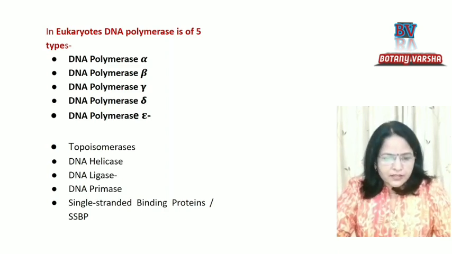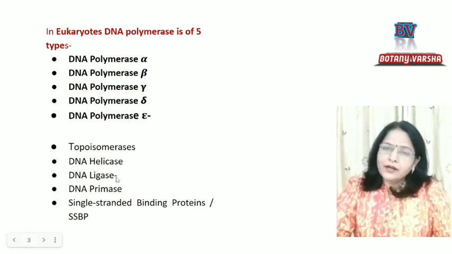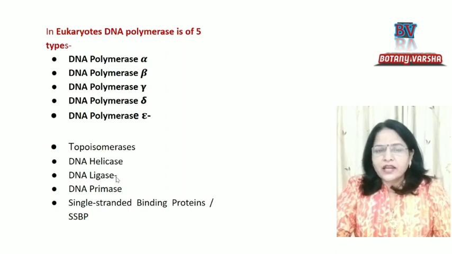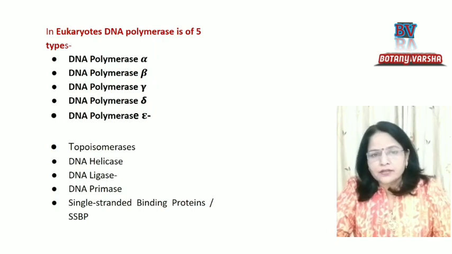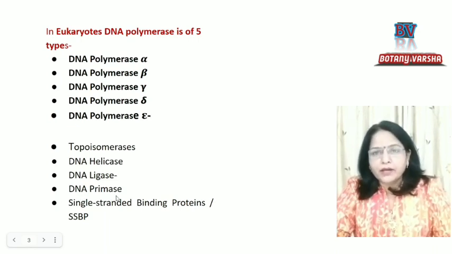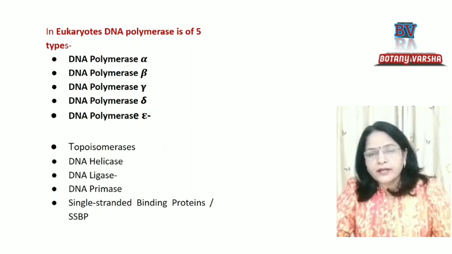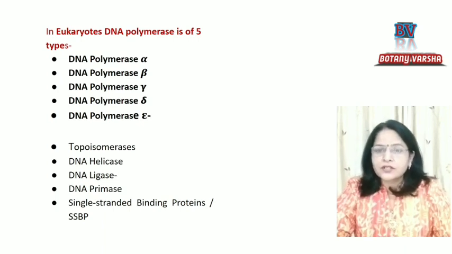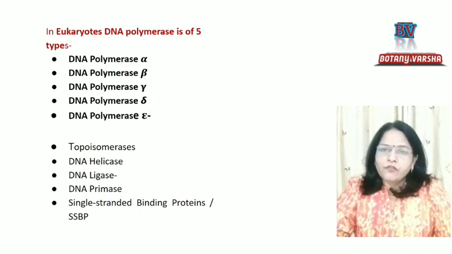And next is DNA ligase. DNA ligase is present in both prokaryotes and eukaryotes. Ligase is the enzyme which glues or joins the discontinuous DNA strands. Next is DNA primase. This enzyme helps in the synthesis of RNA primer, which is complementary to the DNA template strand and which provides a 3' hydroxyl group to the DNA polymerase delta, so that DNA polymerase delta can perform the chain formation.